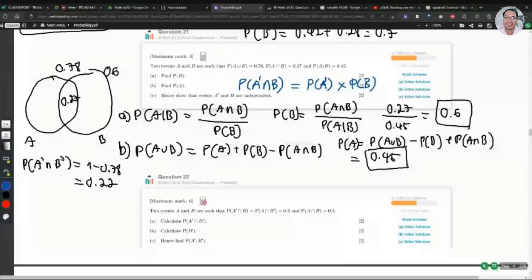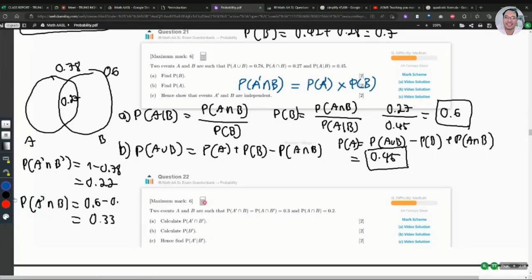Prob B is 0.6, and the intersection is 0.27.